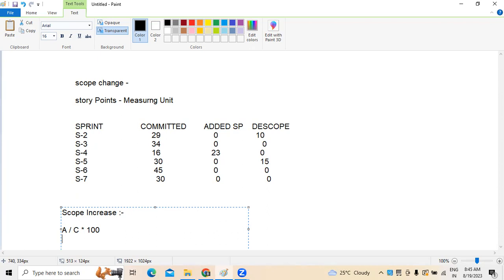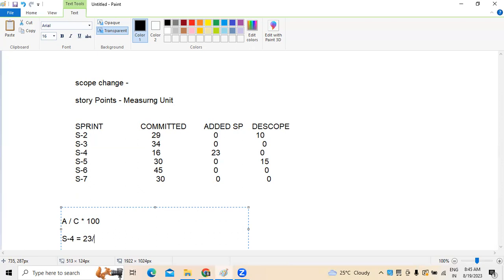So now I'm taking sprint 4 as an example. In sprint 4, added story points is what we have to take.